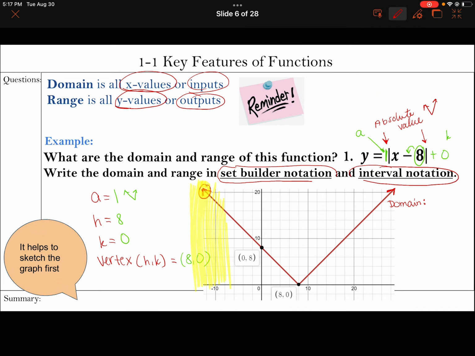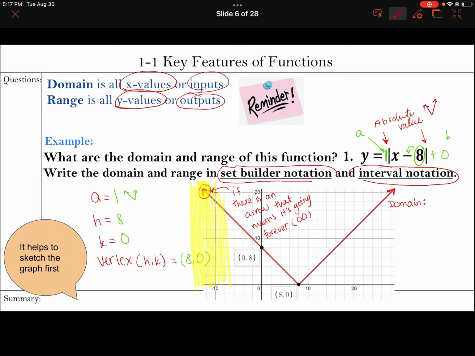If the arrow is pointing to the left, if there is ever an arrow, that means it's going forever. Okay? Which in our terms goes into infinity.